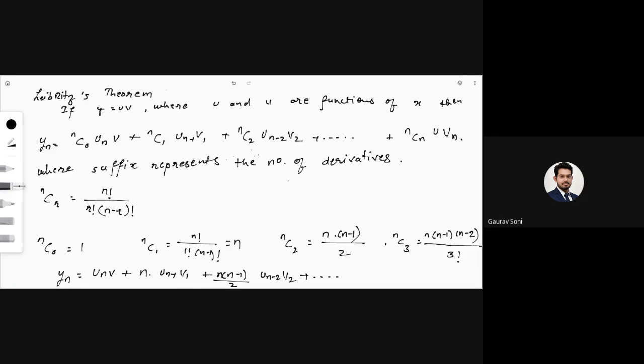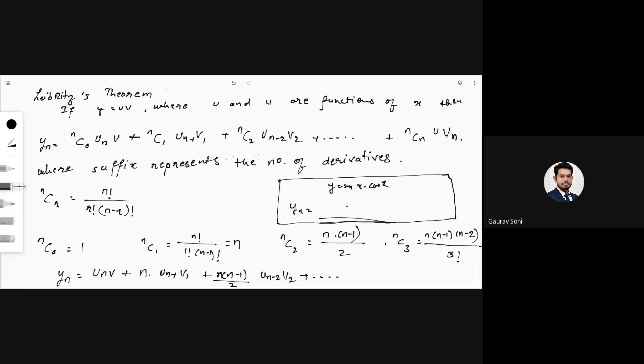We'll just write down a small remark. The remark is on choosing u and v. Look at this, it is kind of a series. If n is infinity, and y is equal to sin x cos x, writing the nth derivative in this case will be difficult.